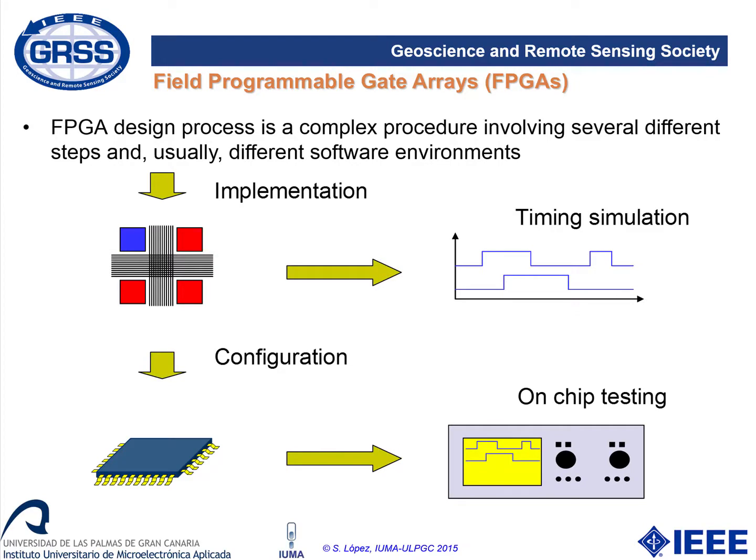Then we have the placement and routing, or the implementation, in which we map these operations that have been expressed in terms of logic gates according to the computing resources that we have in the FPGA. And then, of course, at the end of this process, we can perform a simulation in order to know if everything is still going well. And then we have finally the configuration into the FPGA and the on-chip testing.